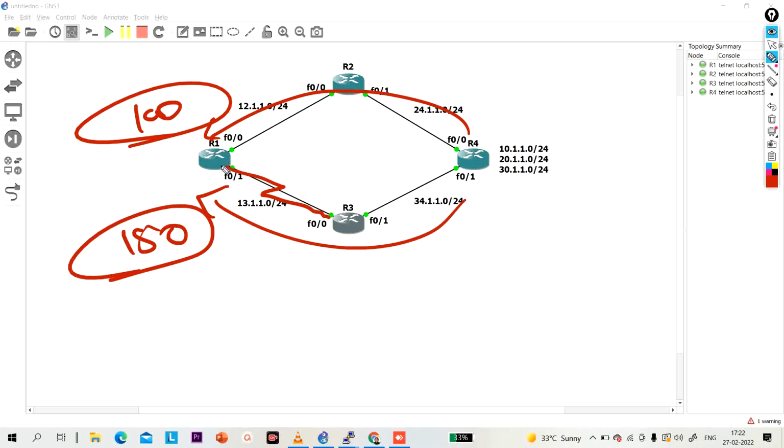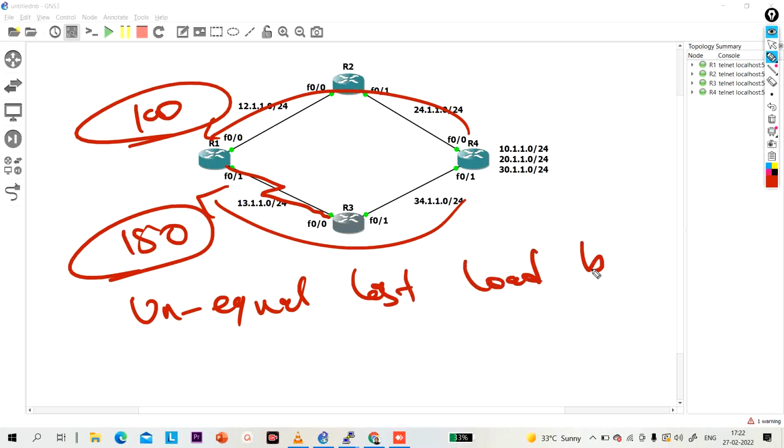In that case, if R1 performs load balancing, that load balancing is known as unequal cost load balancing. Means although my cost is unequal, the router is still performing load balancing. When the cost is equal and the router is performing load balancing, that load balancing is known as equal cost load balancing.